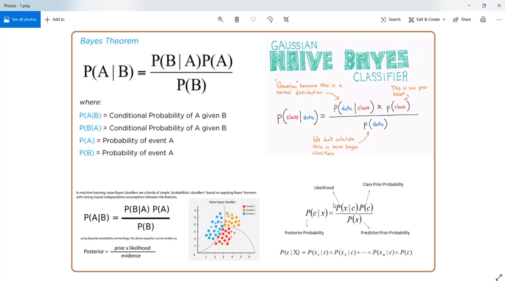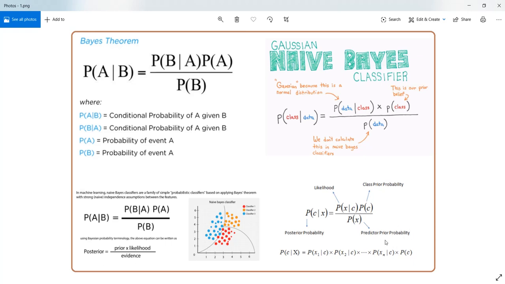Remember the likelihood table had white cells with frequencies, and those frequencies are conditional. In short, posterior is equal to prior times likelihood divided by evidence. Sometimes we call this thing evidence as well.